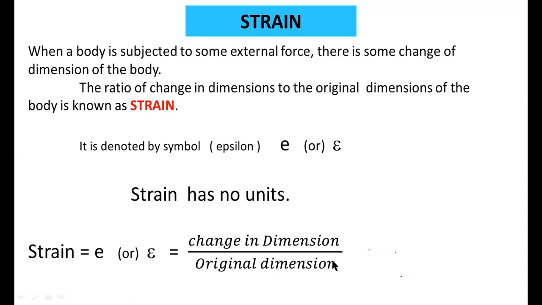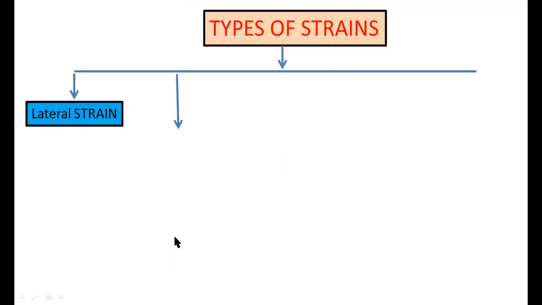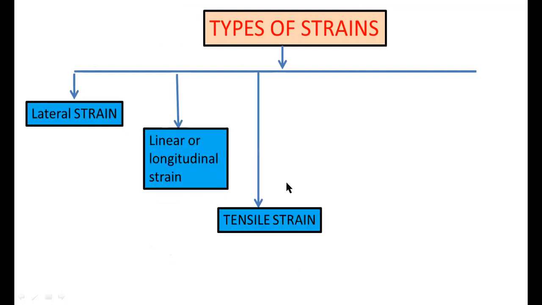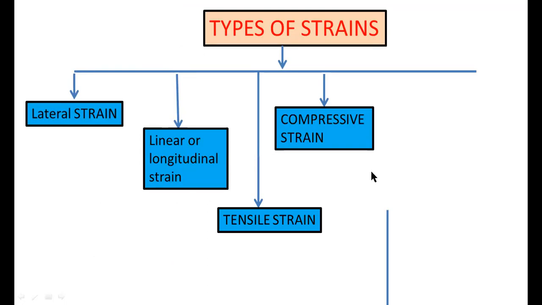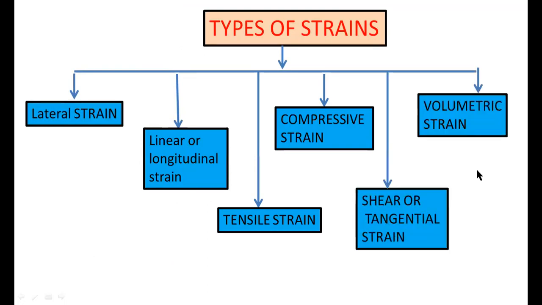So there are no units for strain. Types of strains: lateral strain, linear strain, tangential strain, compressive strain, shear strain, and volumetric strain. These six types are very important from the point of view of our subject.